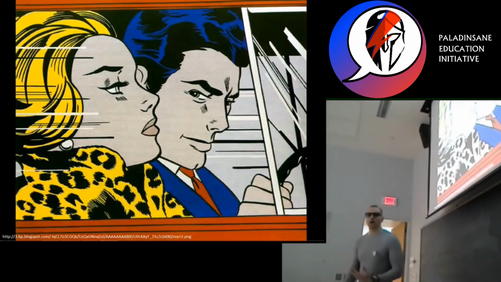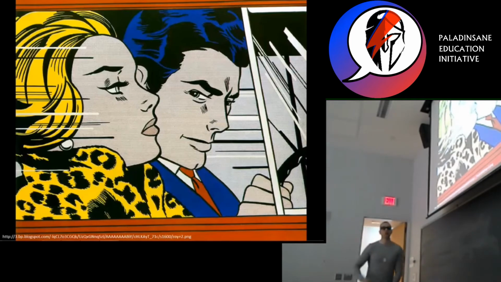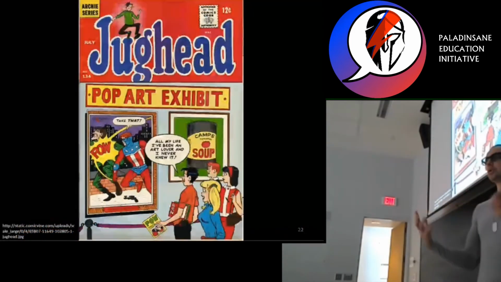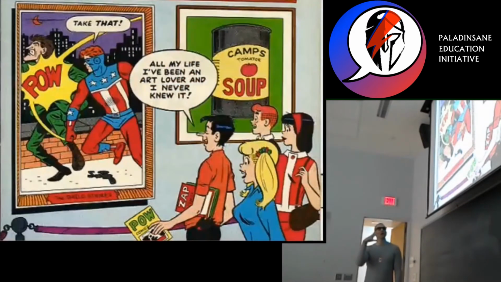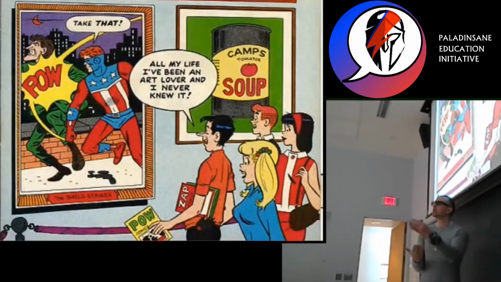So comic book art oftentimes has a lot of motion, has a lot of metaphorical devices, like these action lines here, has a lot of literal representation, has people represented, cars represented.